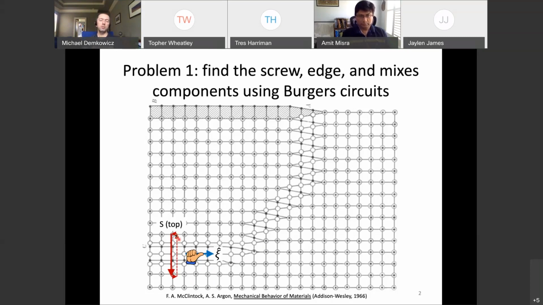My goal is to redraw this circuit in a region of material that is a perfect crystal. Of course, I could draw a whole separate schematic containing nothing but perfect crystal, but for the purposes of this illustration, I'm just going to use this region here as my reference perfect crystal. So I'm going to start redrawing that circuit. As before, I start out on the top. If I look carefully here, I'll see that this top arrow goes 3 nearest neighbor distances: from here to here, that's 1, then 2, then 3.